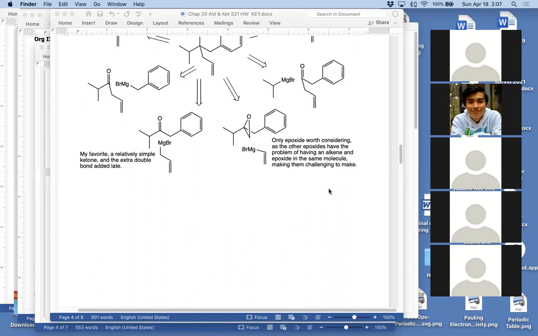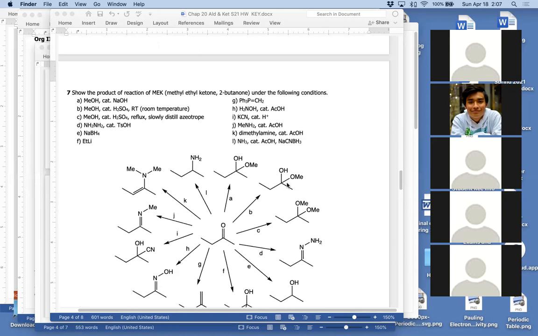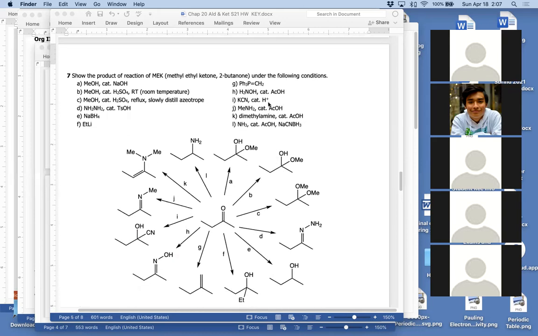So for J, I'm assuming that we add the methyl. I'm confused too about when we add the hydrogen. Cyanide is a good nucleophile. Oh, for J?